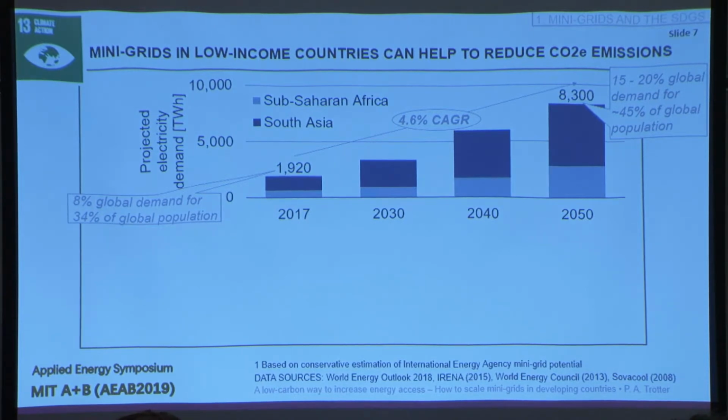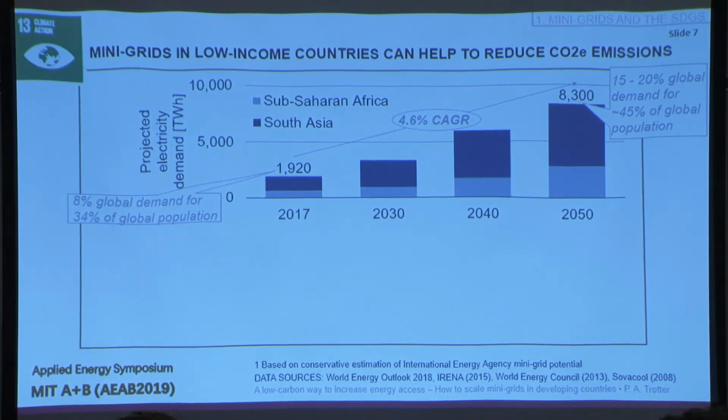That is by far the fastest of any world region. Sub-Saharan Africa is projected slightly more than South Asia, but it's more or less in the same ballpark. And you see that these numbers change a little bit. Currently, it's 8% of the global demand that goes to 34% of the global population. And in the future, in 2050, we see 15 to 20% for 45%. So it's still a big energy inequality globally, but the gap is closing a little bit as these countries are projected to develop.